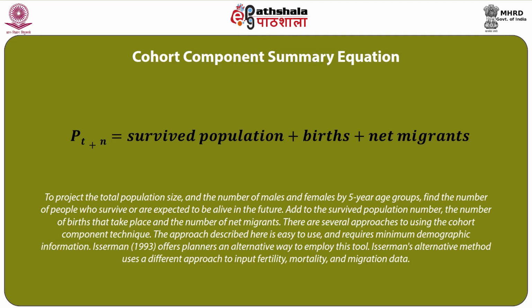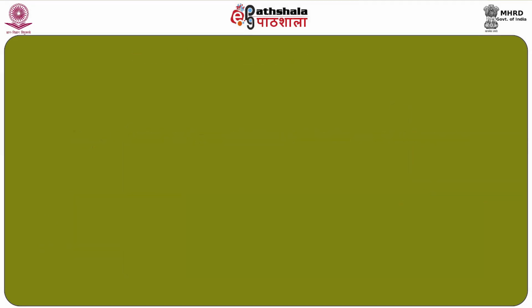There are several approaches for using the cohort component technique. The approach described here is easy to use and requires minimum demographic information. Eiserman 1993 offers planners an alternative way to employ this tool. Eiserman's alternative method uses a different approach to inputs of fertility, mortality and migration data.